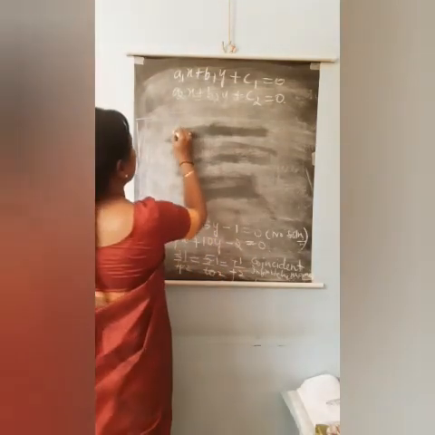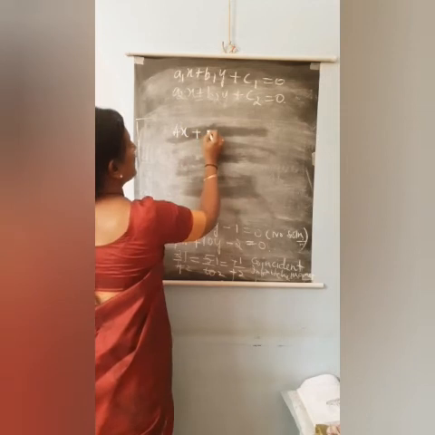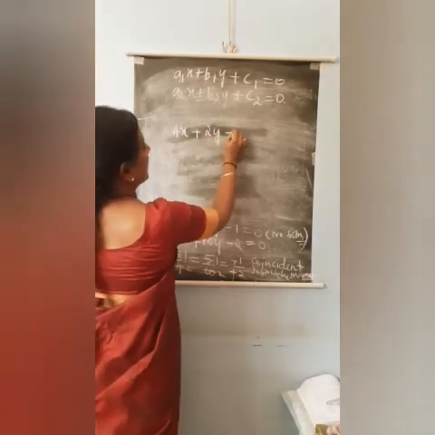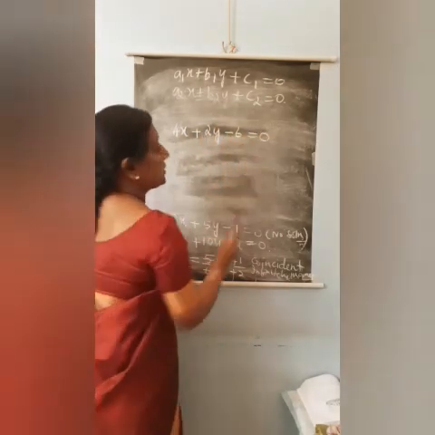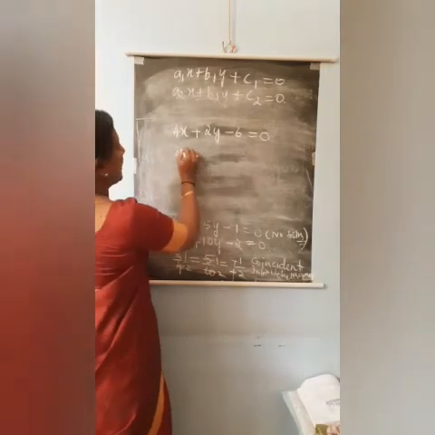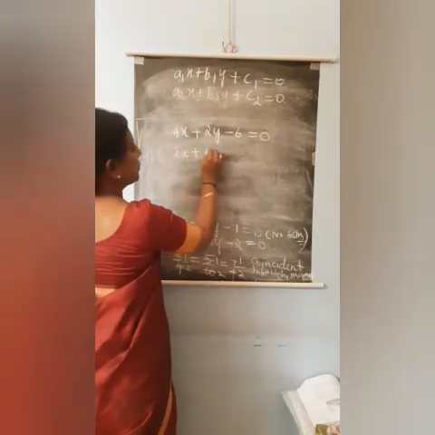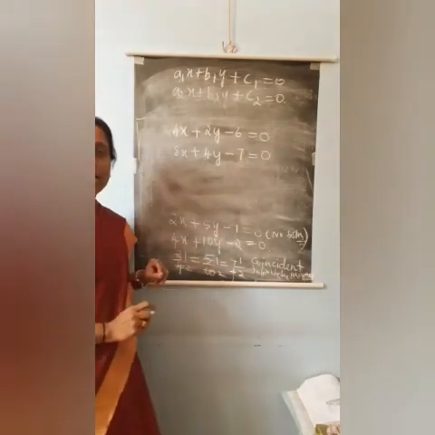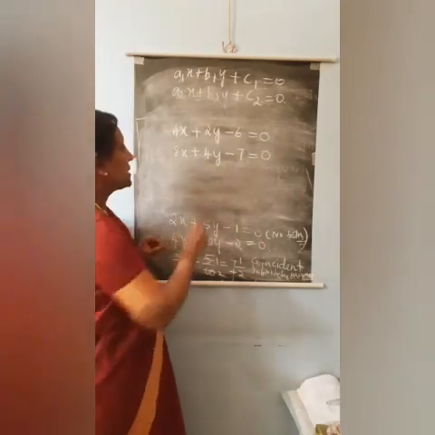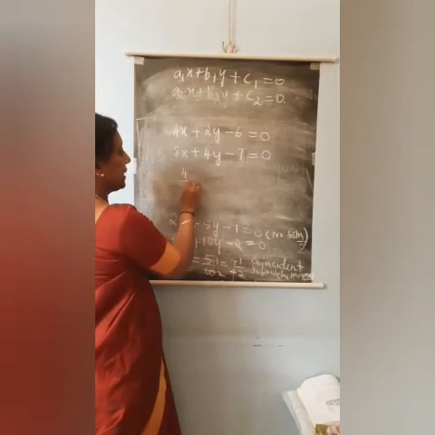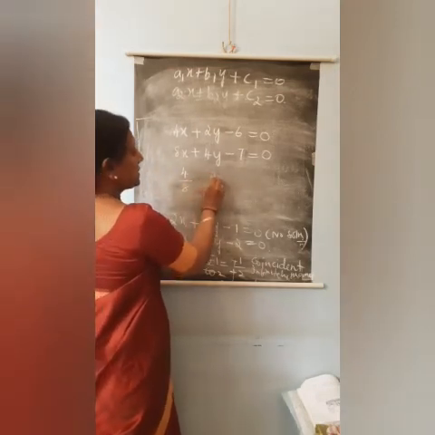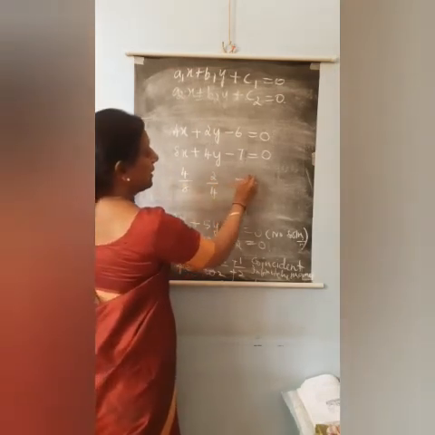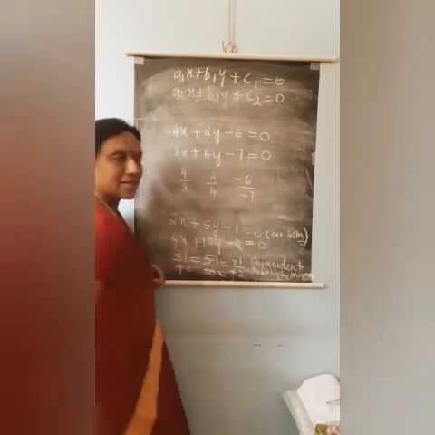Now, the third condition, let us represent by these lines. Just say I have 4x plus 2y minus 6 equal to 0 and I have 8x plus 4y minus 7 equal to 0. Now, if I compare the coefficients, what will I get? 4 by 8 and here 2 by 4 and minus 6 by minus 7.